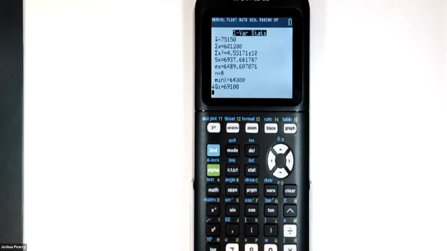And let's write down that X bar is whatever it says right there, 75,150. And then S is equal to, round to 3 decimal places, 6,937.268.